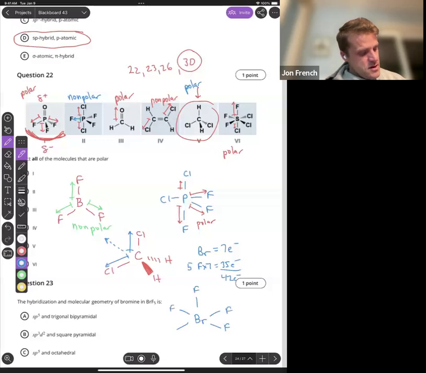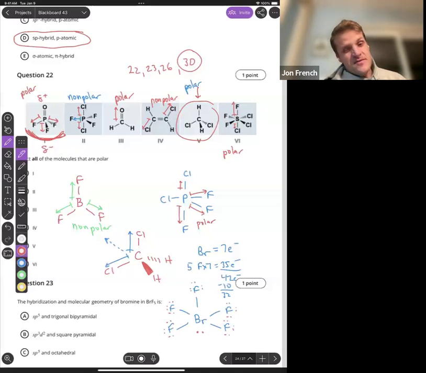There's 10 electrons right there, so I've got 32 electrons left. There's 6, 12, 18, 24, 30. So 2 electrons left. Those last 2 electrons go on bromine.